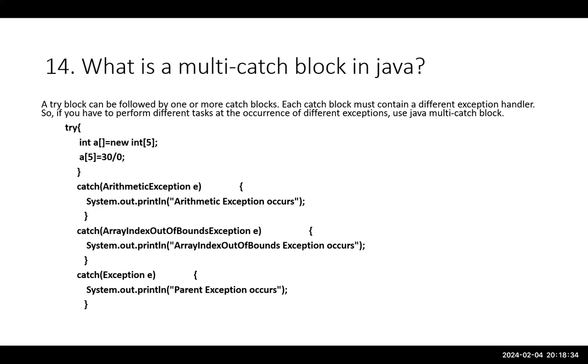It might also have an index issue: you can see the int array has size 5, but we are using index 5, so it will throw an ArrayIndexOutOfBoundsException as well. Similarly, if both exceptions are not caught, then the last one will catch it. In this way you can write multiple catch blocks.